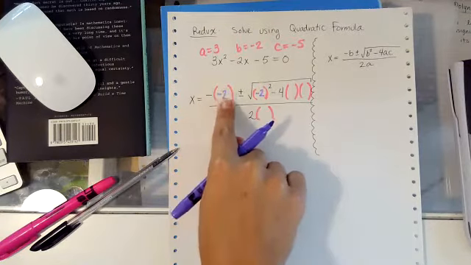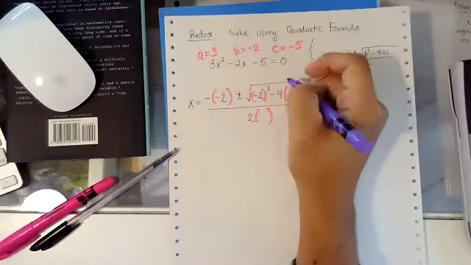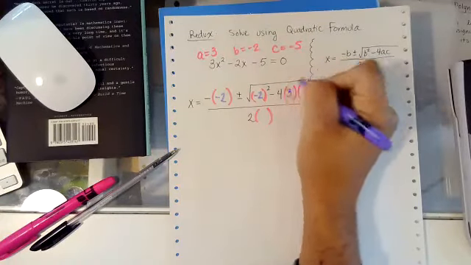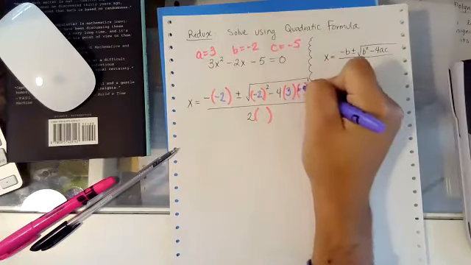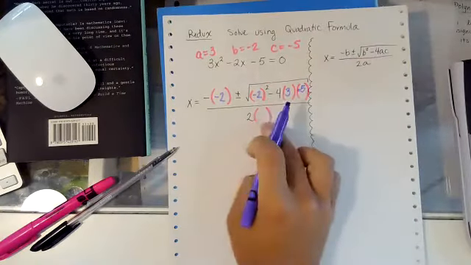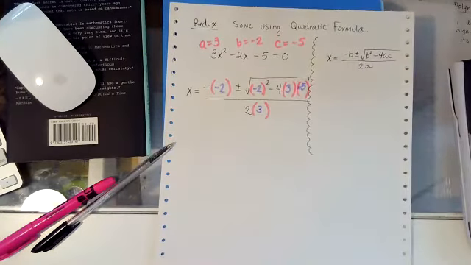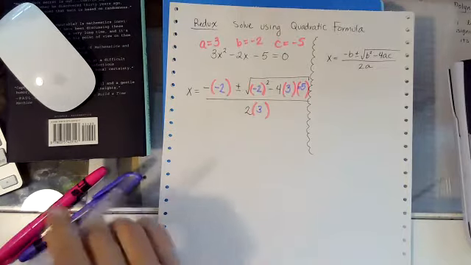Okay, you plug in your B's, then we have AC here, so I need the 3. Going to plug in the 3, going to plug in the -5. 2A, that's going to be a 3 down here. Okay.